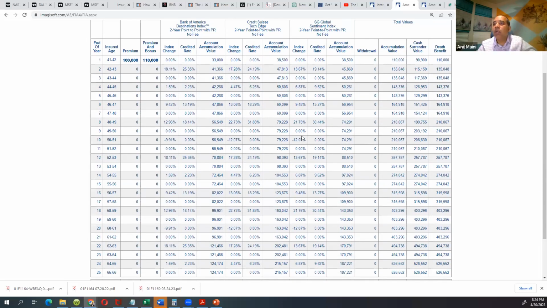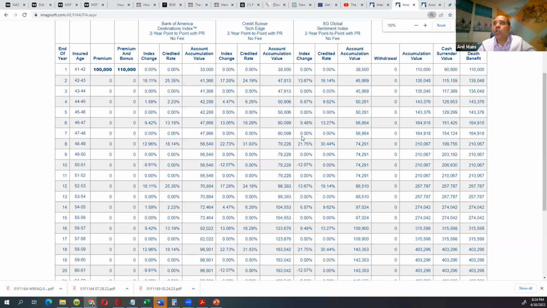But just for your knowledge, look at this. This is too good to be true. $100,000 in 10 years will become $210,000, the accumulation value.